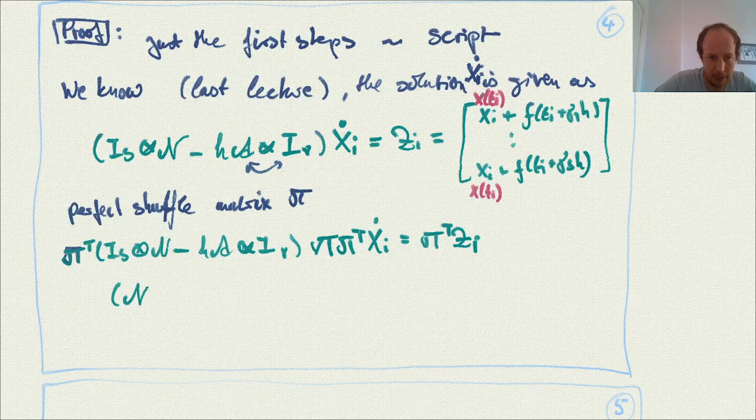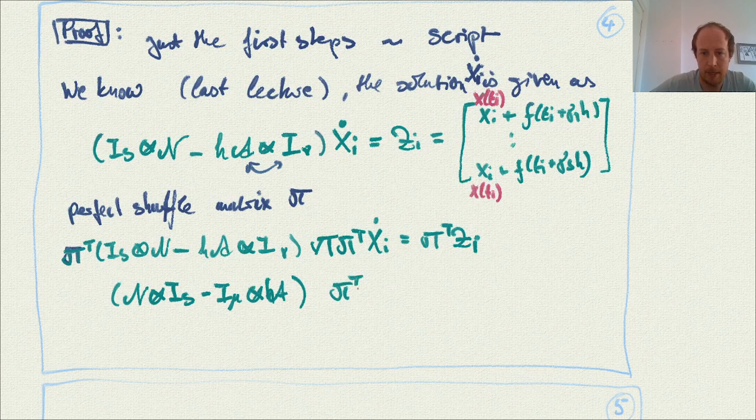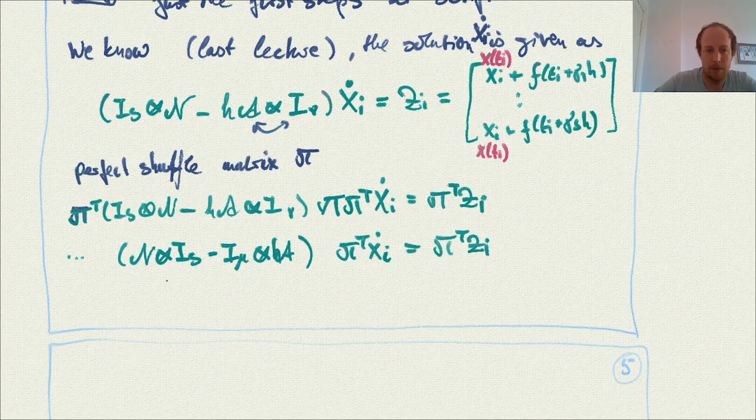So here we will have I_n Kronecker I_s minus I_nu Kronecker h A matrix, Pi transpose xi equals Pi transpose Z_i. And now we invert this here, and then also we invert this, which is multiplying by Pi again.